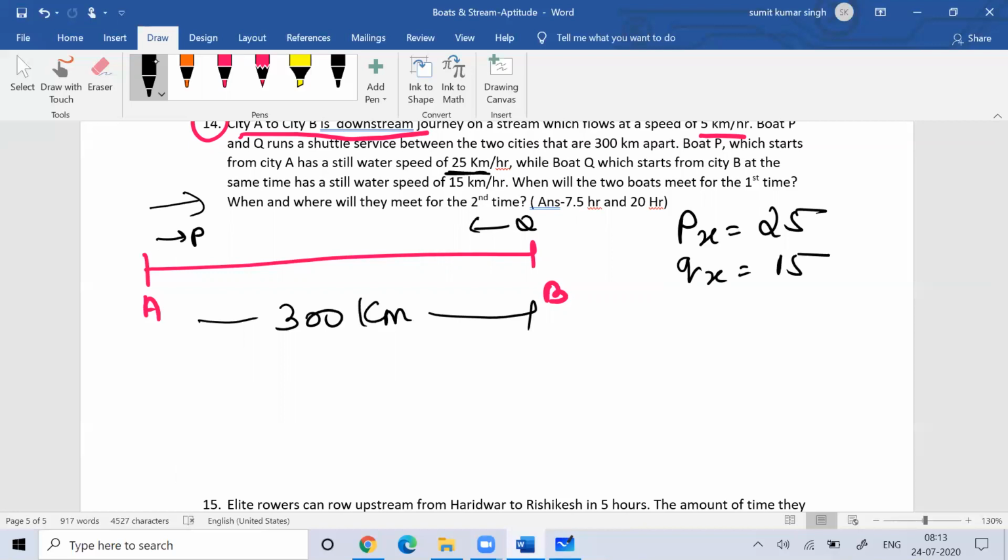So with this, you can understand boat P is moving in downstream and boat Q is moving in upstream, because water is moving from A to B. So the speed of boat P would be, and y is given.